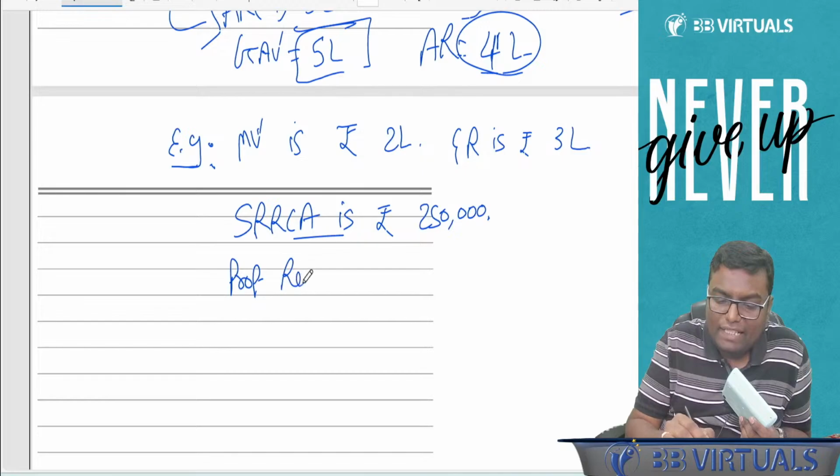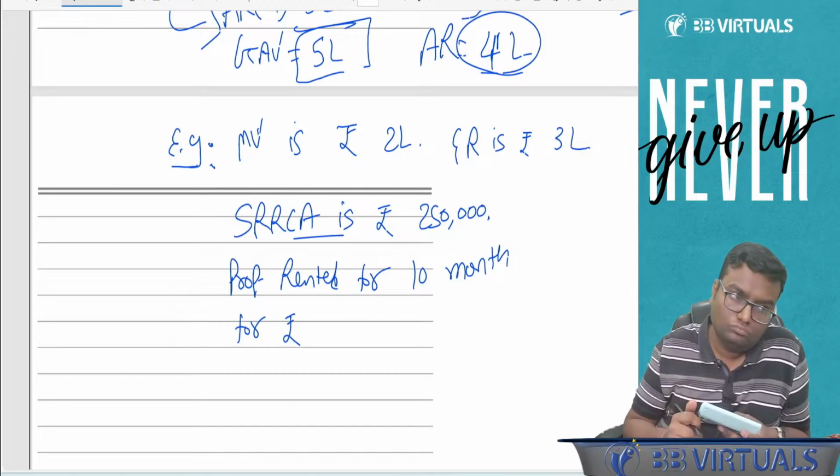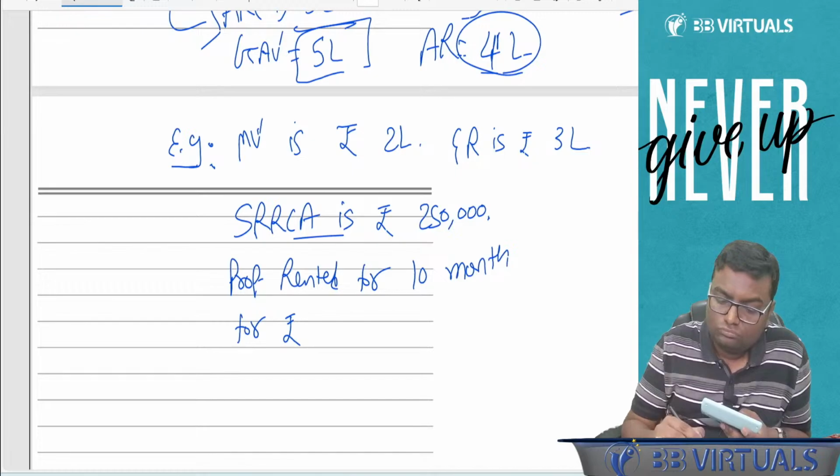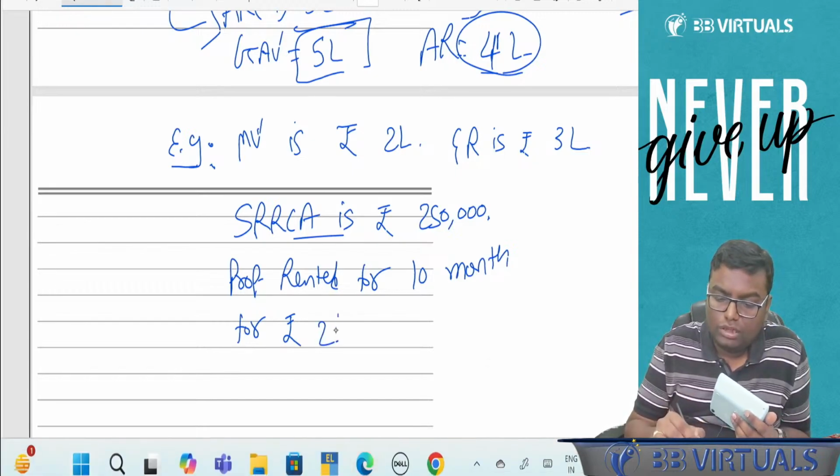Property is rented for 10 months for rupees 24,000 per month.